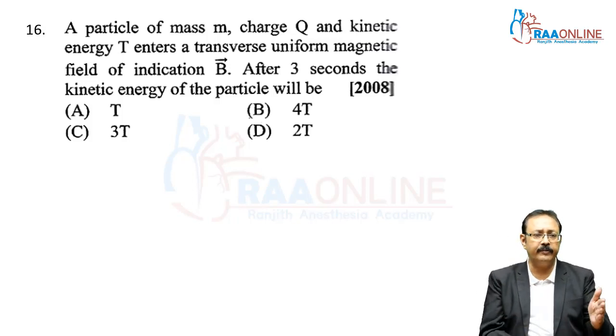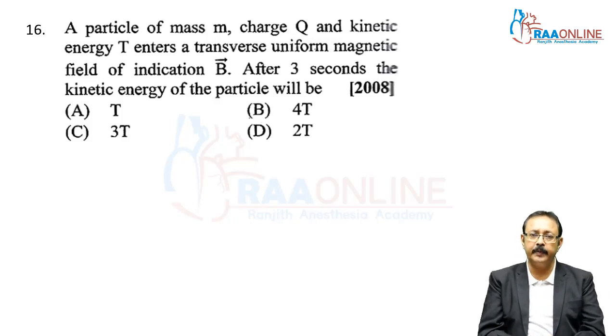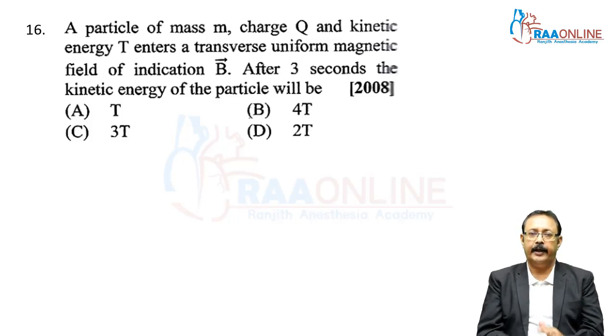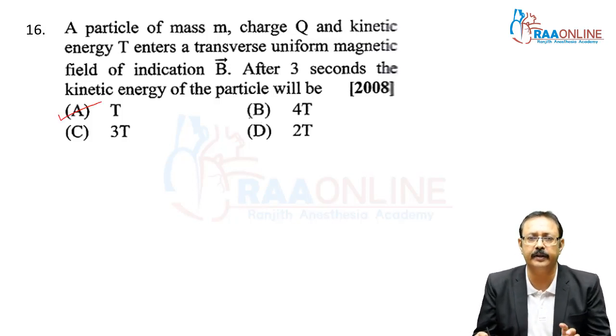In so many previous problems, we have discussed that when a particle enters a magnetic field, it will experience a Lorentz force and start moving in a circle with uniform speed. If speed is uniform, kinetic energy, half mv square, should be the same. So after 3 seconds, 4 seconds or 8 seconds, it should be T only. So we are going with A.